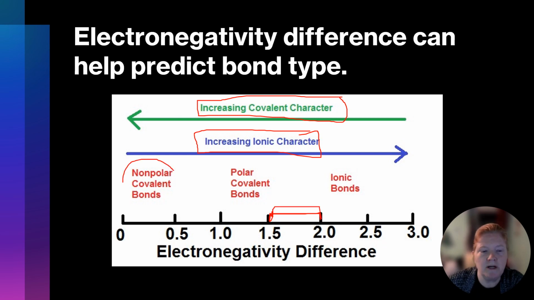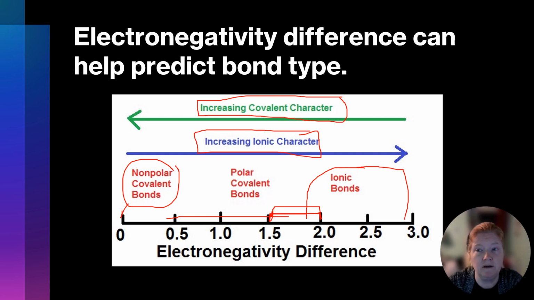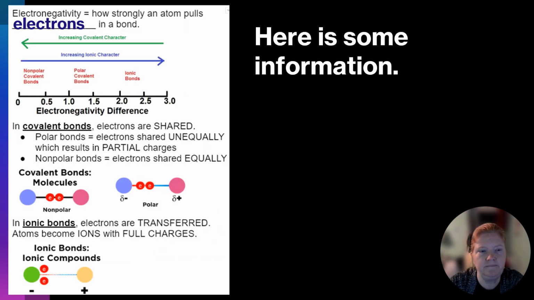The closer you are to 0, the more likely it is to be nonpolar. Polar is going to exist mostly in this gradient, and ionic is going to be the biggest differences over here. Up here, you can see electronegativity is how strongly an atom pulls electrons in a bond.